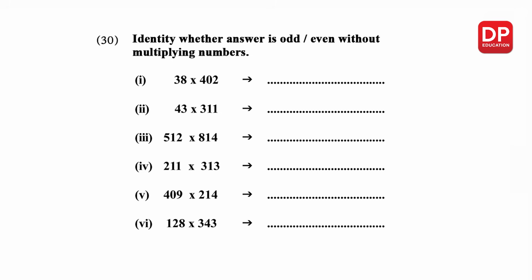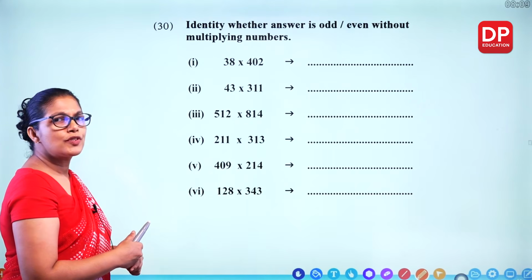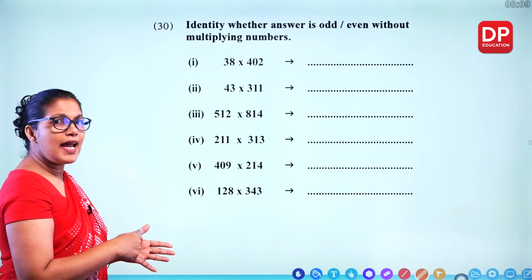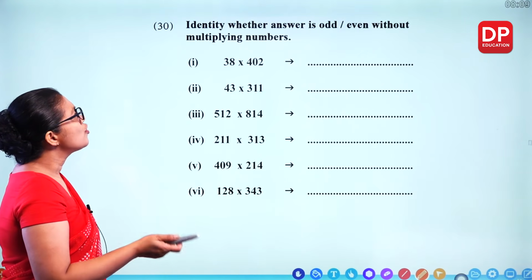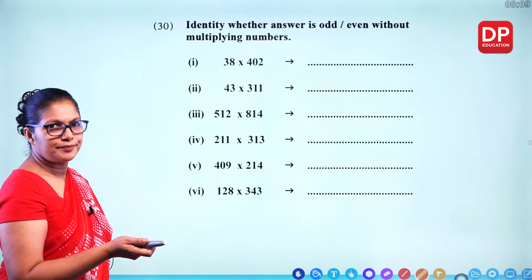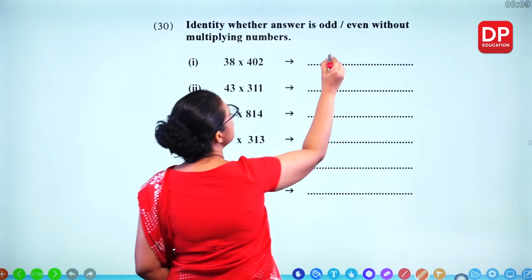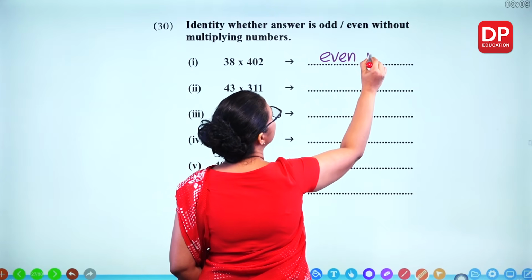Identify whether the answer is odd or even without multiplying numbers. So what can you say? When you multiply any two even numbers, you get even number. This is even, this is even, you get even number.